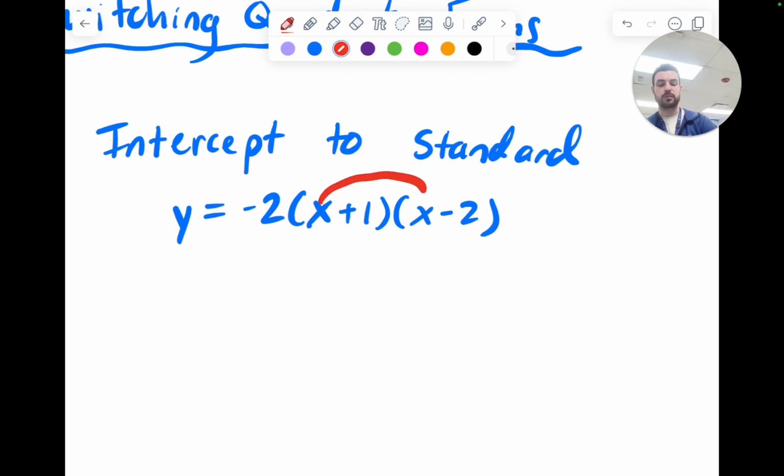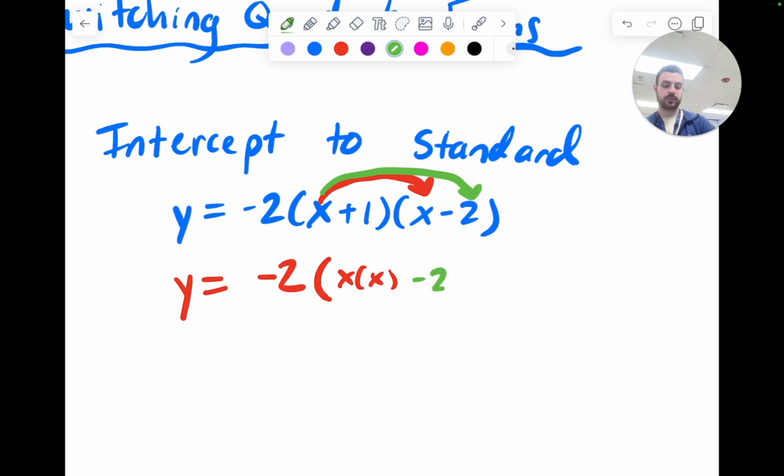So first we multiply the first value in each binomial. Then we have the outer values. That's going to be x and negative 2. Inner would be 1 and x. And then last we have 1 and negative 2.